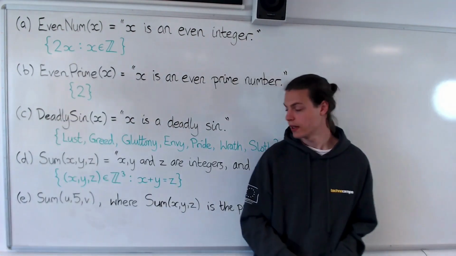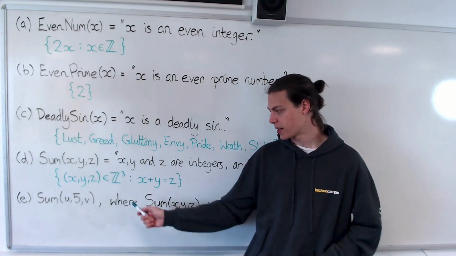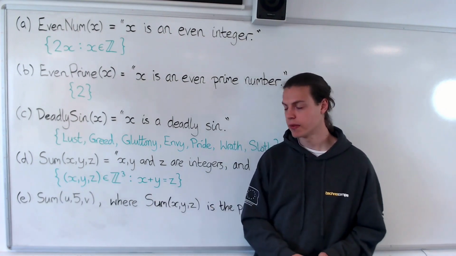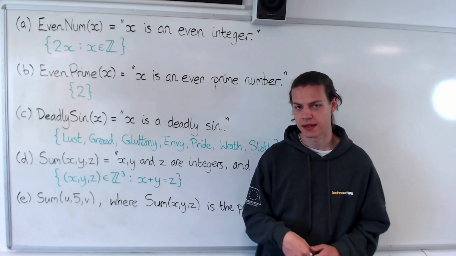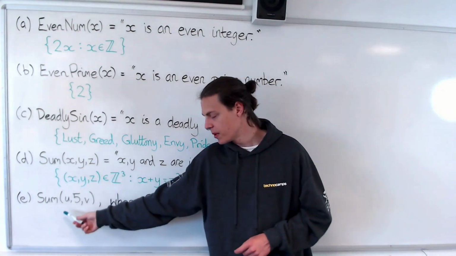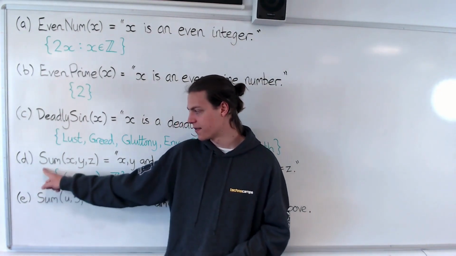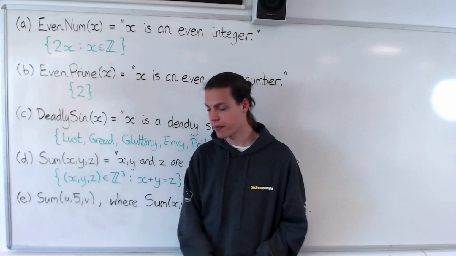So the truth set is the set of all triples of integers such that the first 2 add together to make the third. Our final predicate is sum of u, 5, v, where sum is as defined in D.